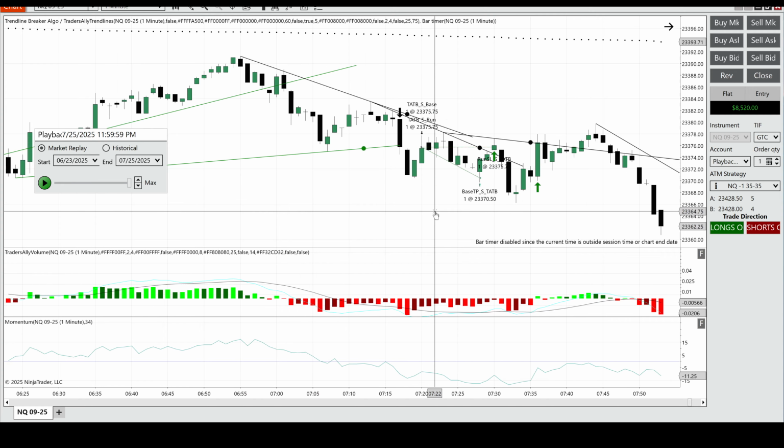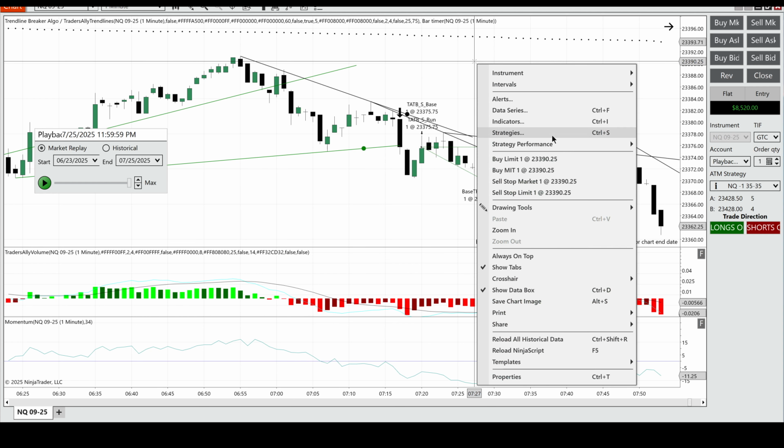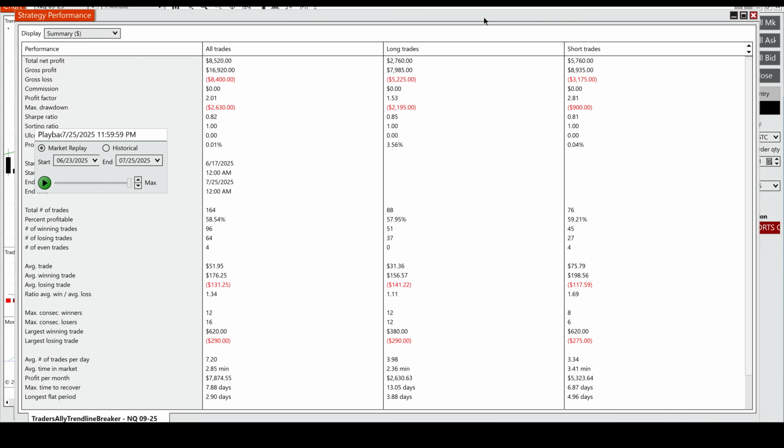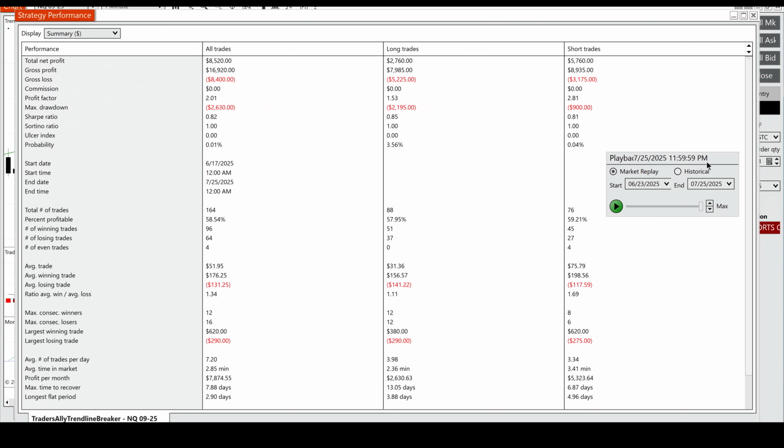So that's the essence of this update that I wanted to share with you. If we look at the performance for this algo, it's actually pretty good. Remember, I've used two positions on 1 minute, and the largest loss is 290 per trade.